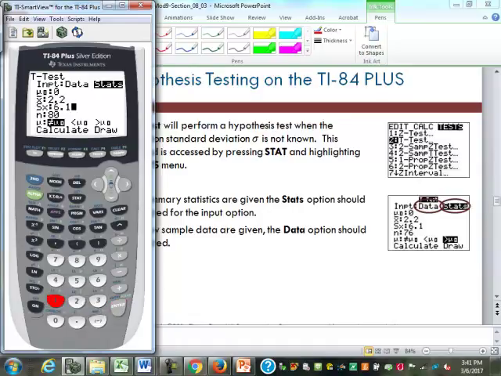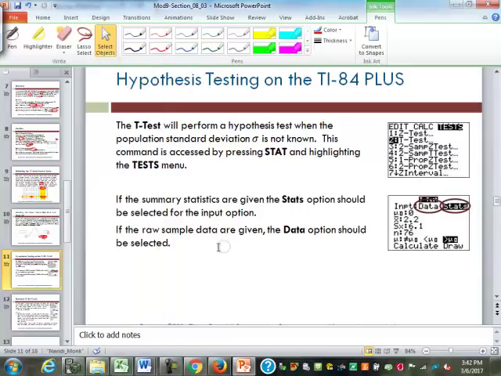Sample size was 76. The alternative was greater than, so we select greater than here and hit calculate. And there it is, our test statistic of 3.144. It also gives us the p-value of 0.00119, or 0.0012. So we've got both of them right there for us.